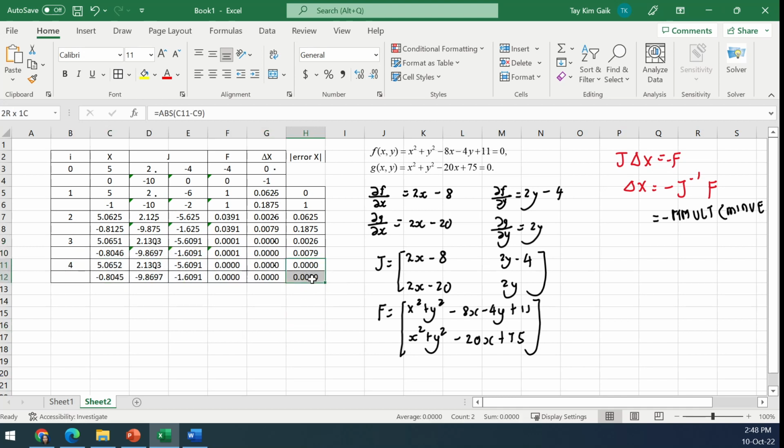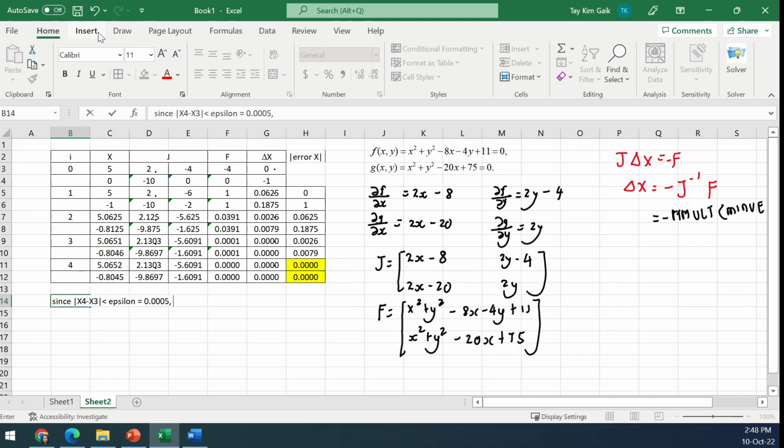Okay, so you see this one 0. And then when I stop, because I use the criteria, the modulus of x number 4 deduct x number 3 is less than epsilon, which is equal to 0.005.